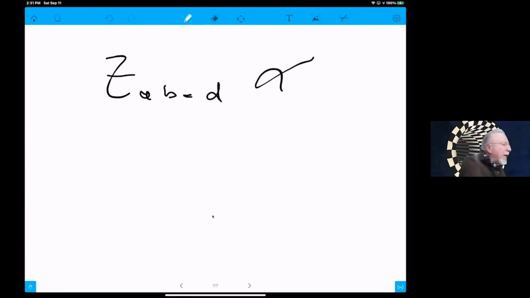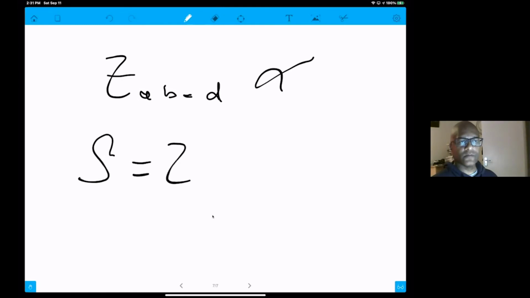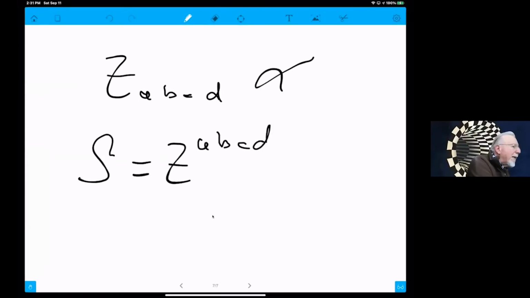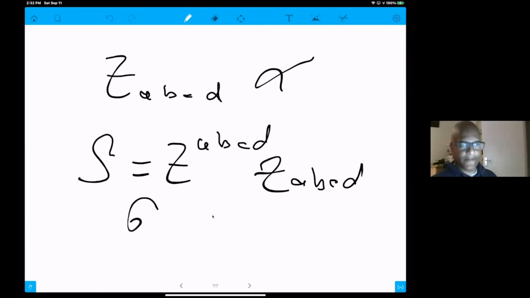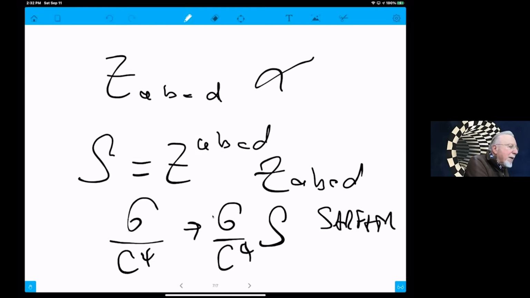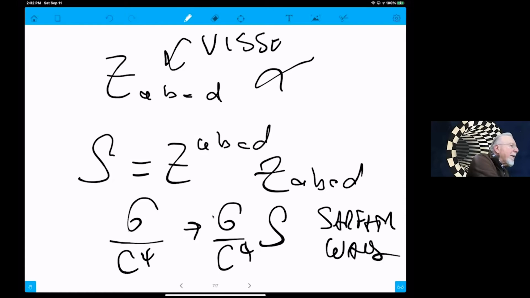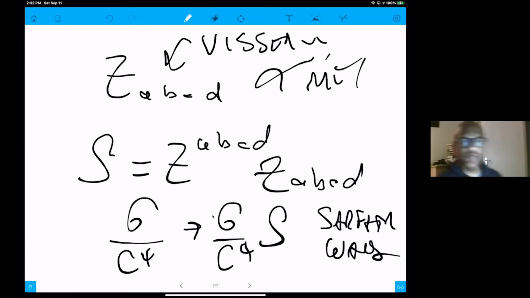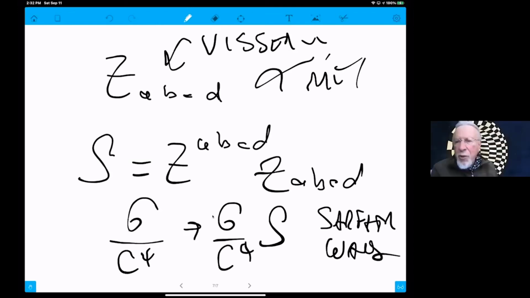Saying that S equals Z_ABCD contracted down, and that G over c to the 4 goes to G over c to the 4 over S, that's Sarfatti and Wanza, and that's original. This is Visser and Medina, Can and other people. You could find that in the literature. That tensor is well known.